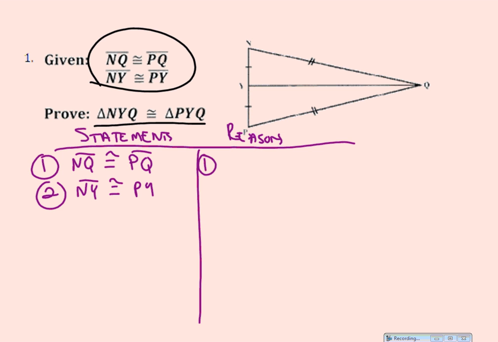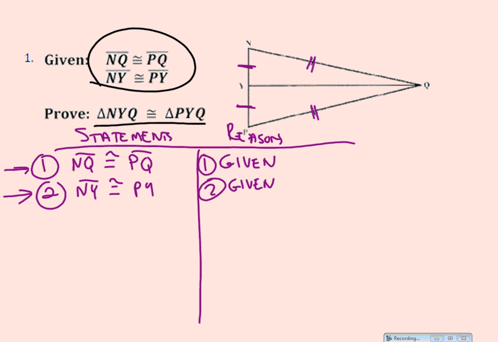Well, how do I know that this statement is true? Well, it was given to me. How do I know that statement 2 is true? Well, it was given to me. So now I'm told NQ, this one is congruent to this one, is PQ, and I'm told NY is congruent to PY.